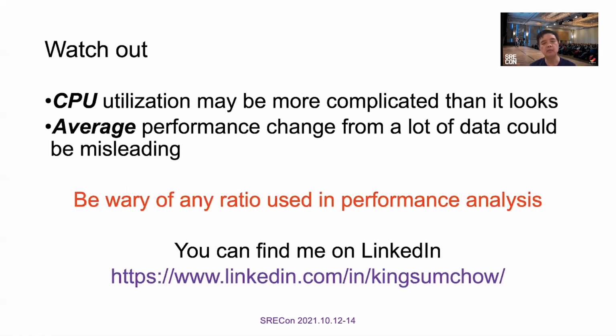Once you can account for the CPU utilization, and if you decide to look at the performance difference between resource usage and the software work done, when you're looking at the data at large scale, be careful about Simpson's paradox. You do have to compare the overall performance difference with the individual group difference.